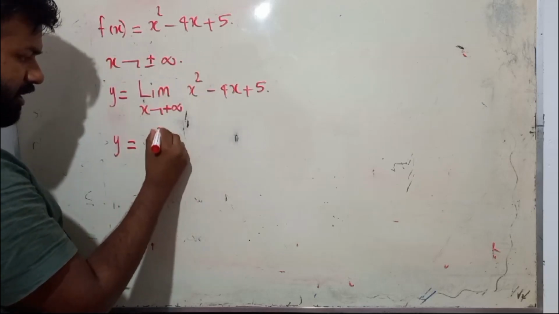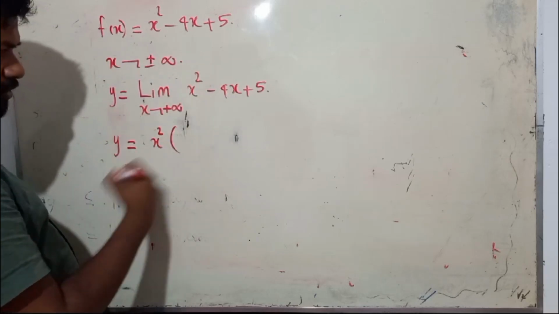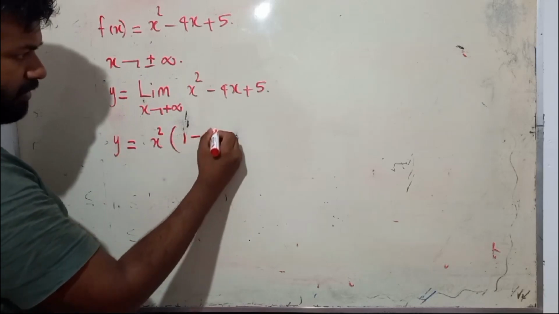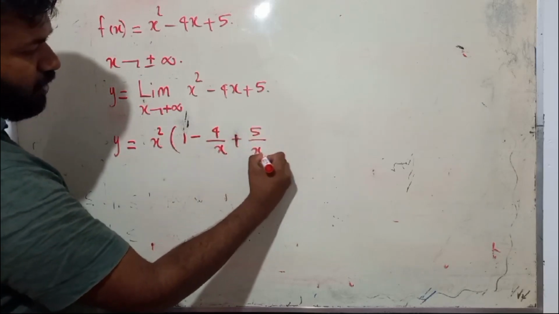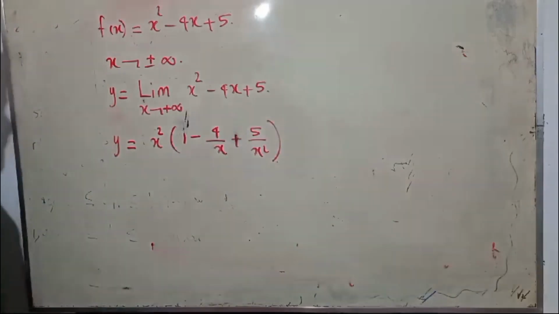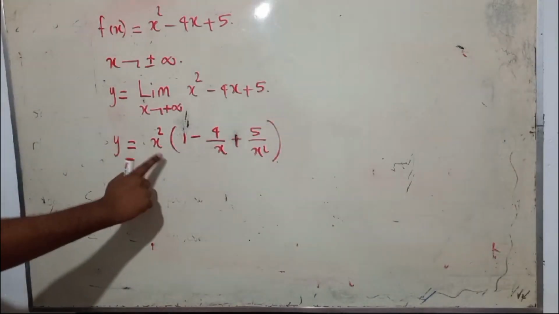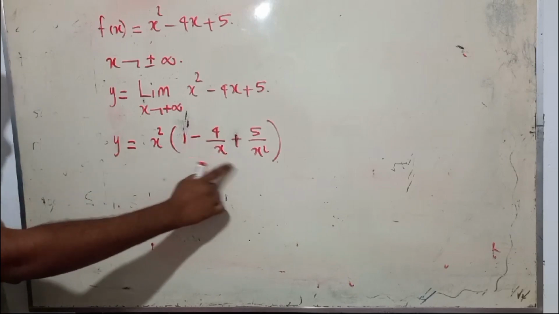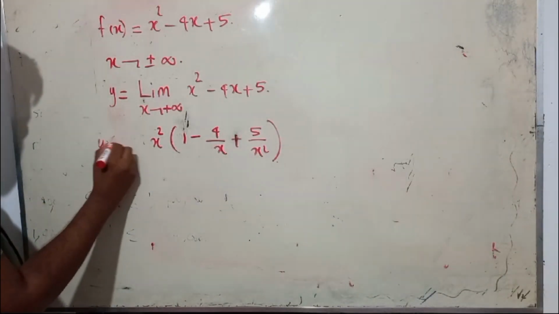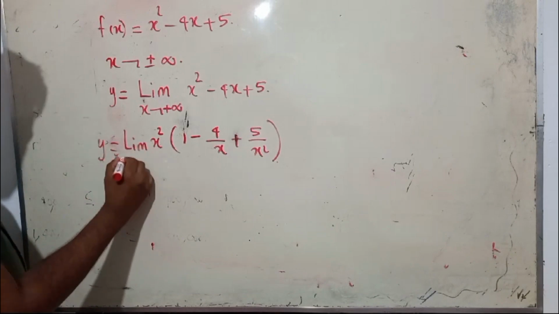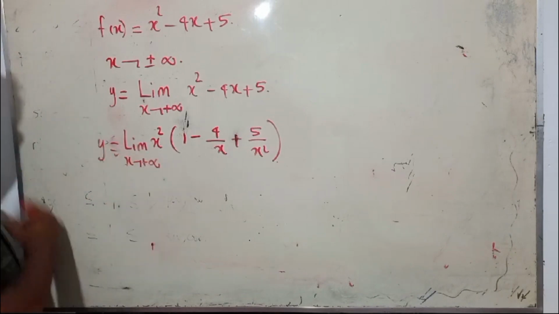I'm taking x squared as a common factor, so it's going to be 1 minus 4 over x plus 5 over x squared. y is equal to the limit when x tends to positive infinity.